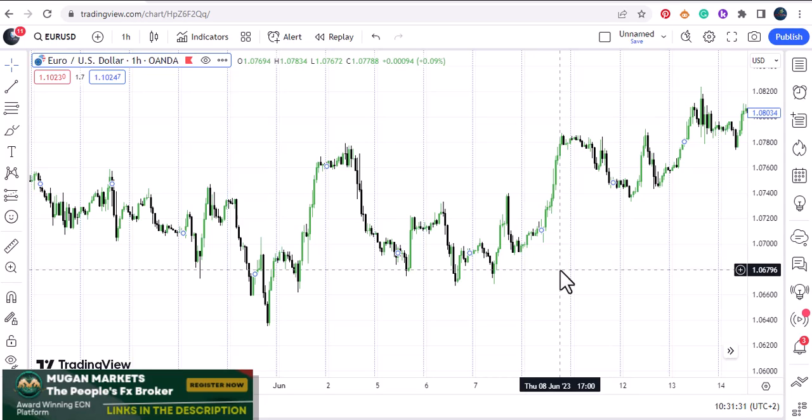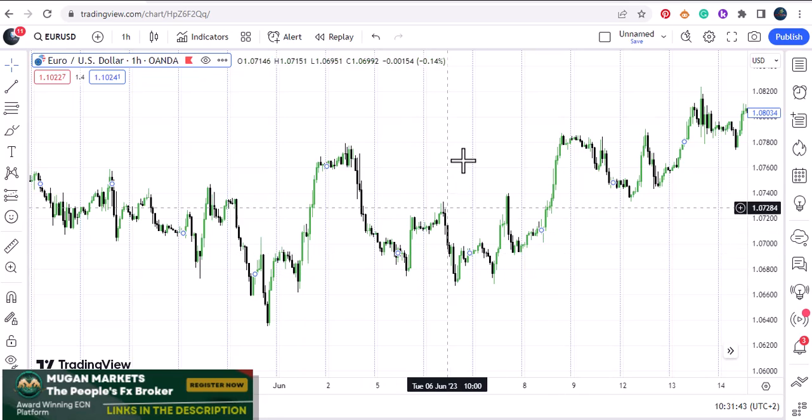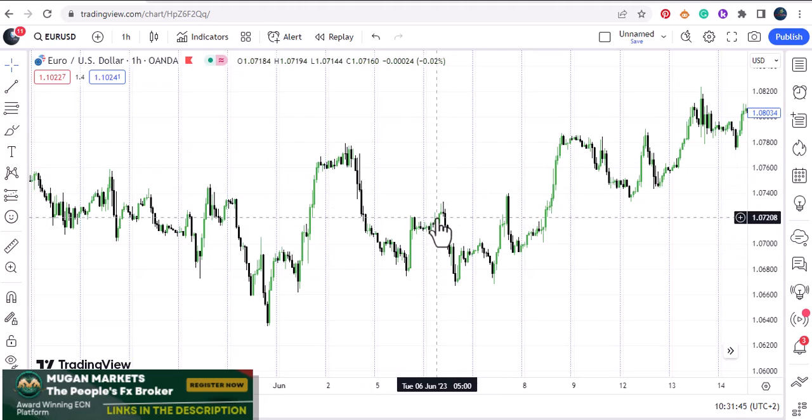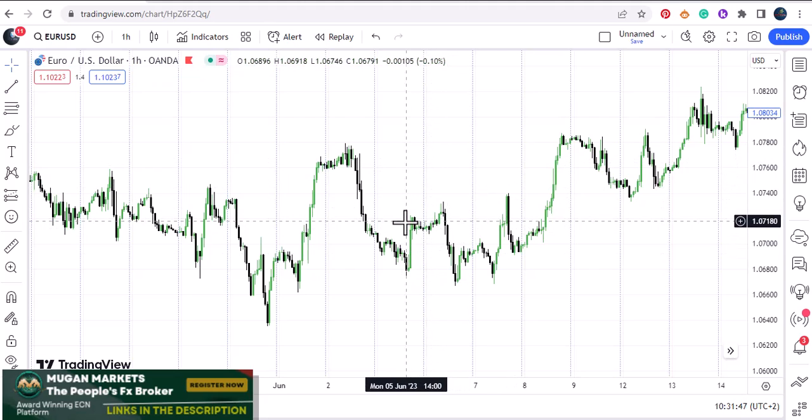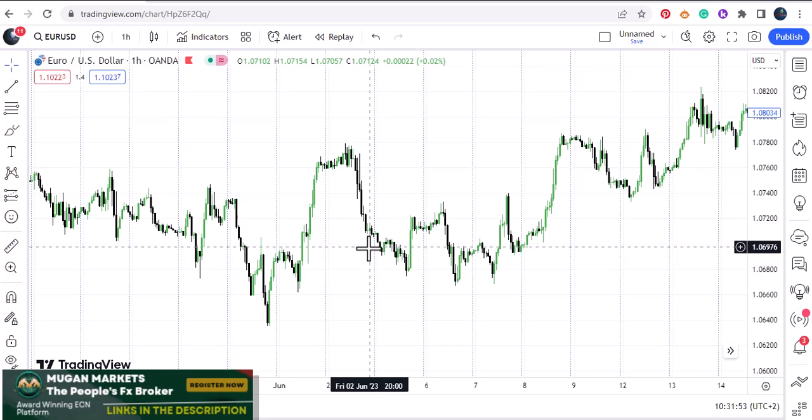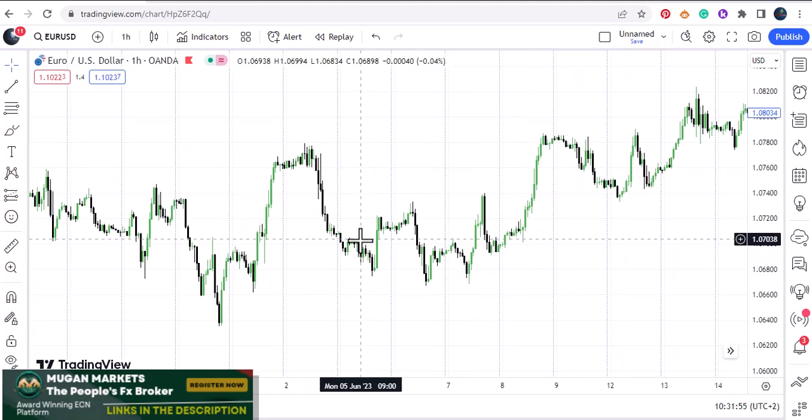How are you doing? So today I want to show you this technical analysis technique that you have been missing in your trading. First of all, guys, I want you to know that when you are trading, it doesn't matter what you know in terms of technical analysis, price action, order blocks, smart money, whatever.